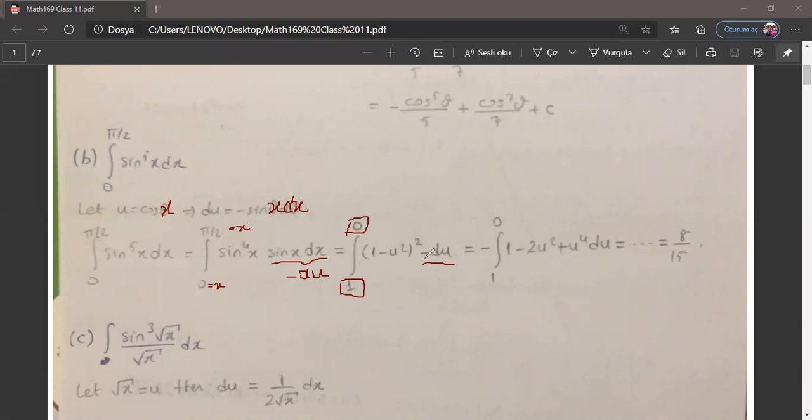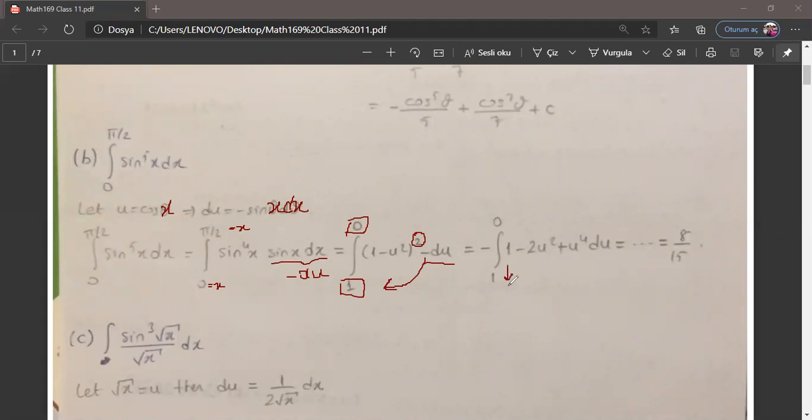Here we wrote this minus outside of the integral again, and we write this expansion clearly. So we have the integral of 1 minus 2u squared plus u to the 4 du. Now you know how to integrate it.